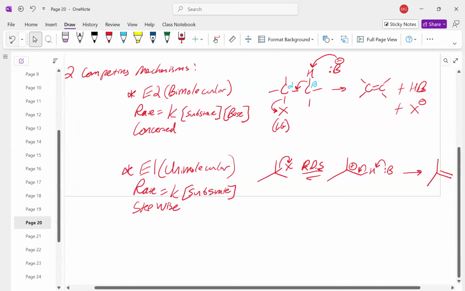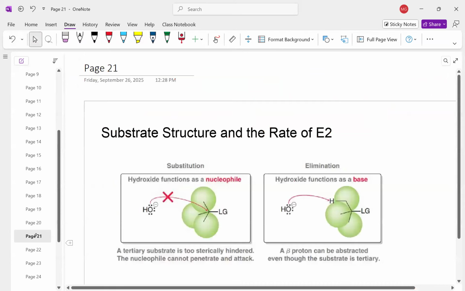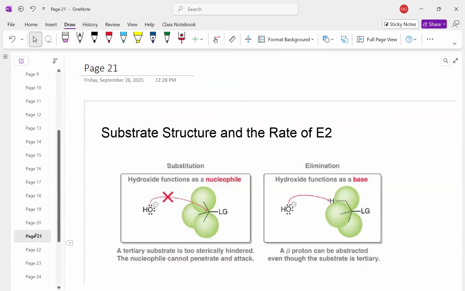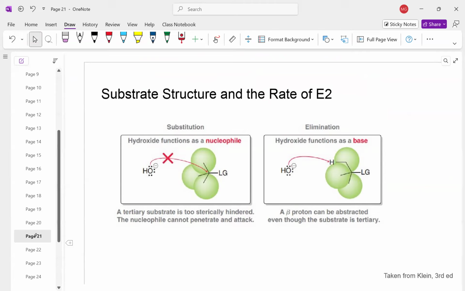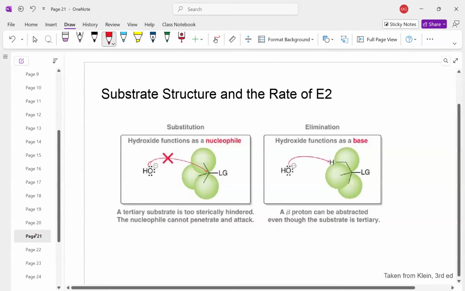Now I'm going to focus on E2 for right now, and the end goal of this is to start comparing SN2 to E2. Now, we talked about the substrate structure for SN2. The rate was highly dependent upon how accessible the nucleophile was to the carbon with the leaving group. So in an SN2, that nucleophile was blocked if the leaving group was on a tertiary carbon.